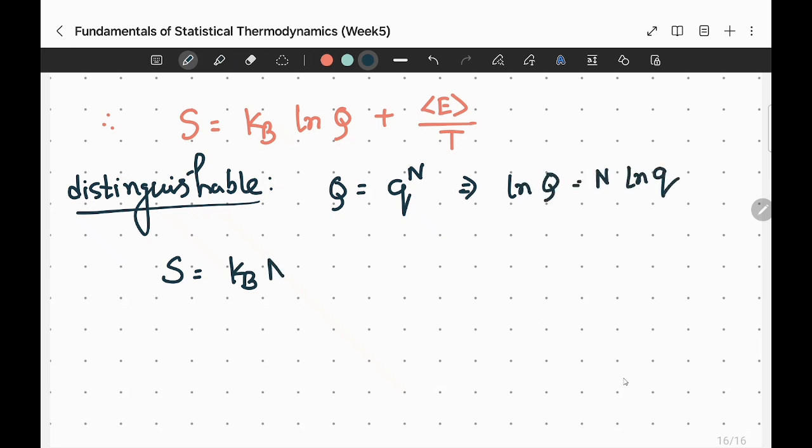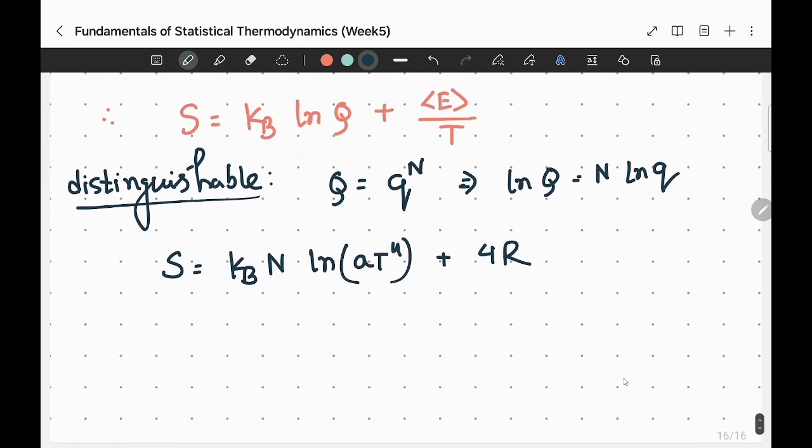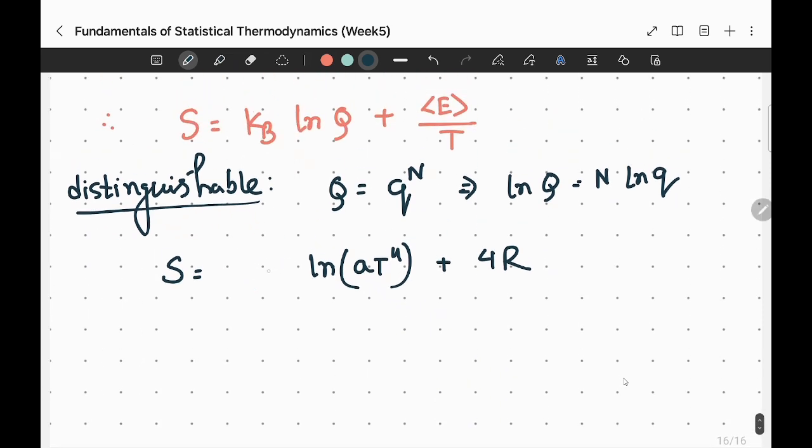So it is kB n ln q, and q was given as a T to the power 4, plus 4R. kB n will be R, because here n is actually N_A. So in general, if you take R common, it will be 4 plus ln a T to the power 4.